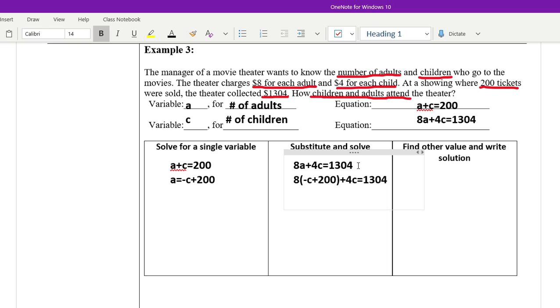I finish out my equation, not just the expression, but the equation. I start the simplifying process. I have one more step to simplify, combining my negative 8c with my positive 4c, which would be negative 4c. Still have the plus 1600. And this will equal the 1,304.